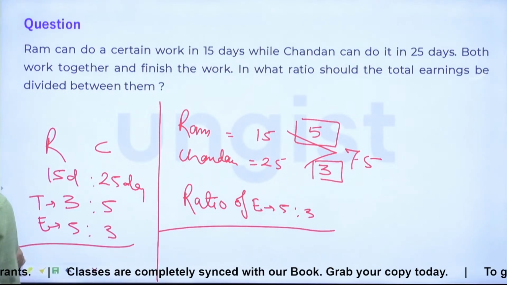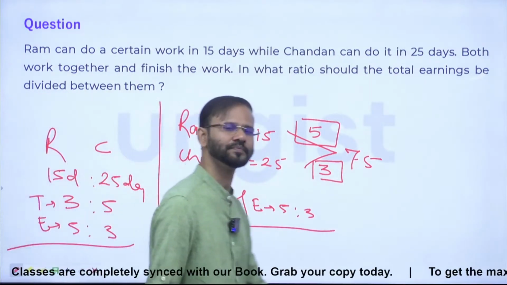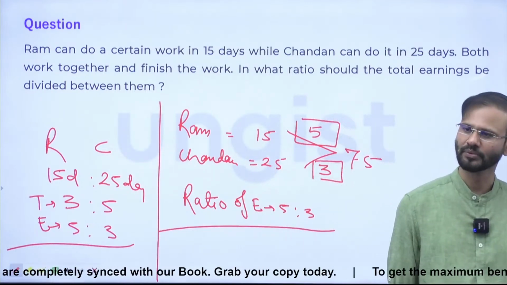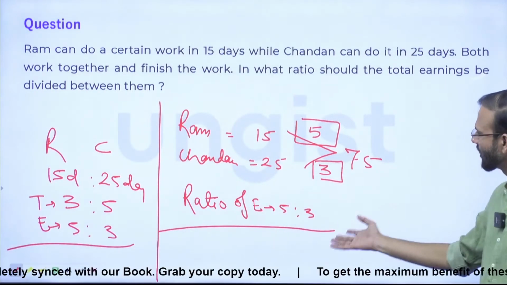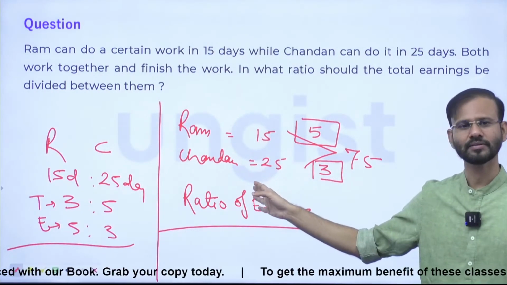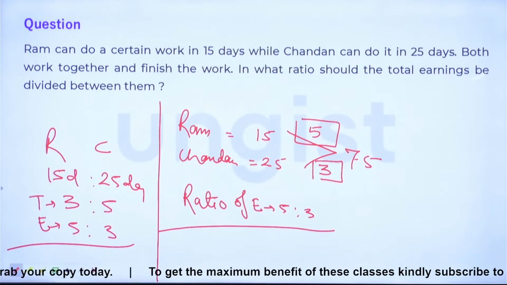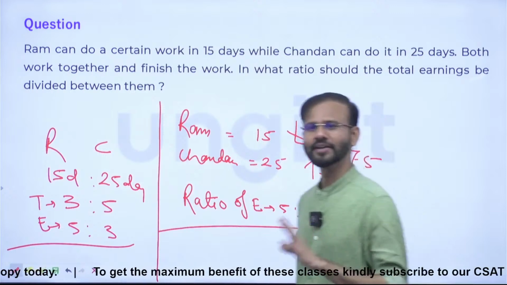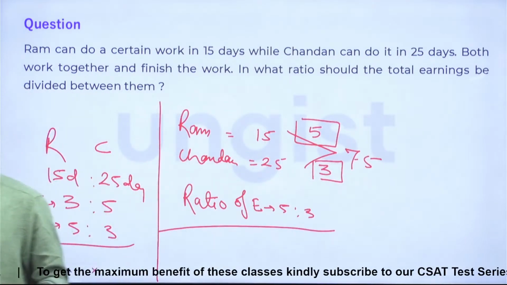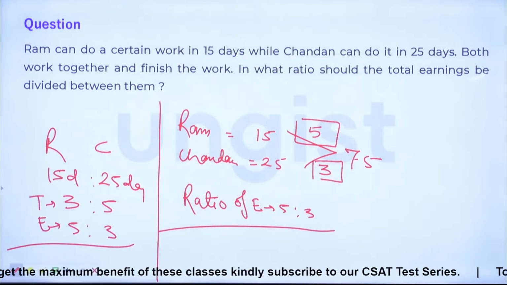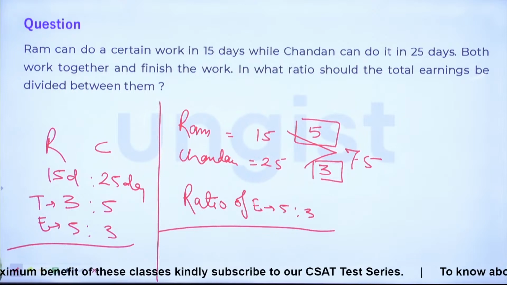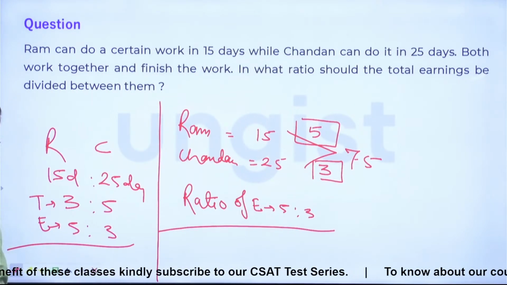That's it, done. Right? Clear? Okay. So question can be solved with the help of multiple processes. Right? Clear? Okay. So everyone fine now? Done? Okay. All right. Next question. Shall we move, guys? Okay.